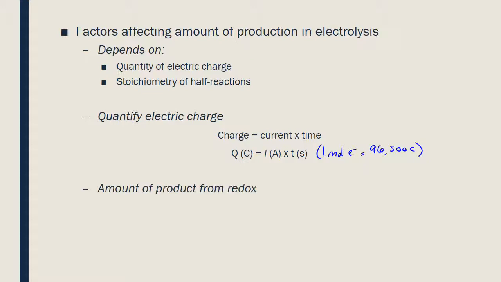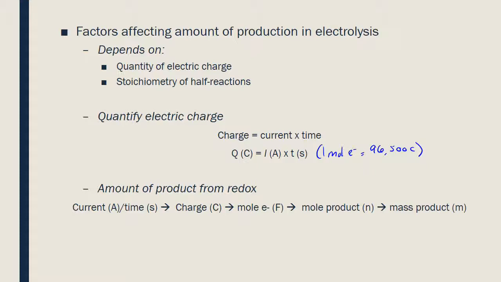Then we can go through and determine the amount of product from a redox reaction. So here's the setup, taking a calculation at a time. We first need to know how much current and how long we're running that reaction. So this is going to be your C equals A times S calculation. That is going to give you charge.